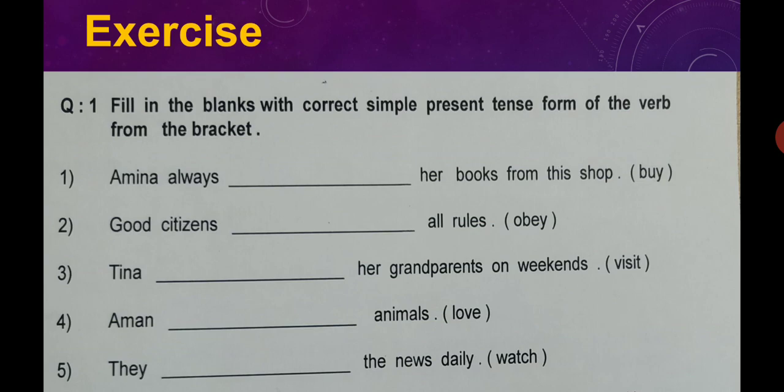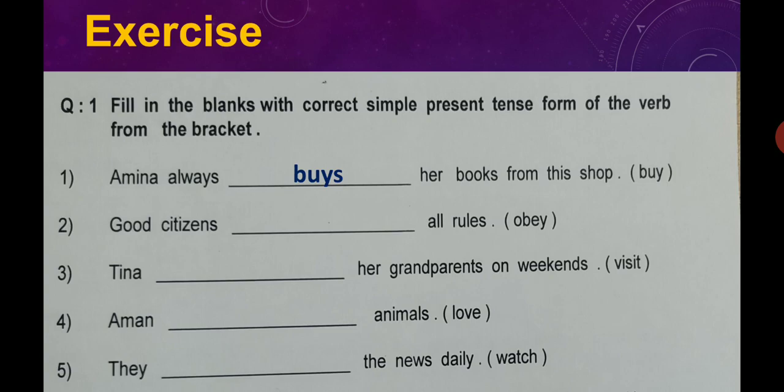So what will be the answer? In simple present tense, do you remember, we add s or es with the verb when the noun is in a singular form, and we write the main form of the verb with plural nouns and pronouns. So buy becomes buys. Understand?